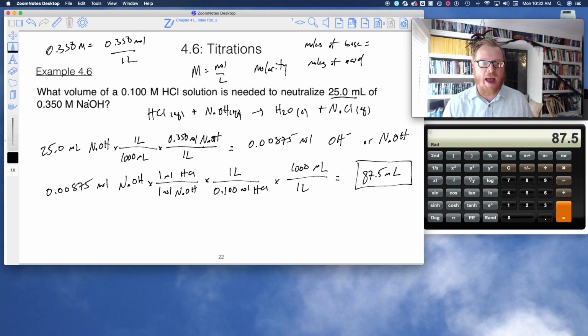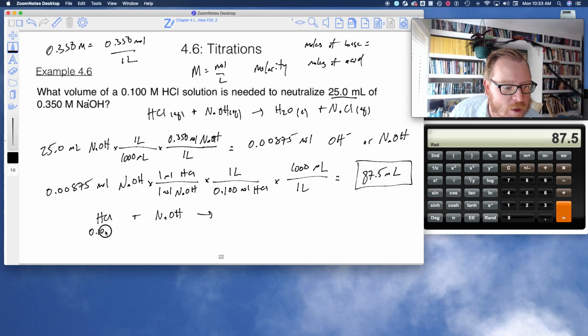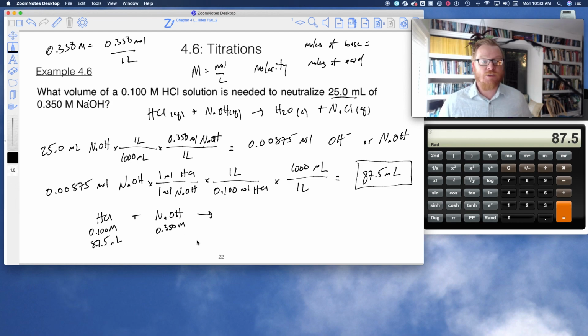So what this means, back to this original problem, is if I had HCl plus NaOH, a 0.100 molar solution and 87.5 milliliters, and here I had a 0.350 molar sodium hydroxide solution and 25.0 milliliters, then I would perfectly titrate or neutralize the acid and base, and all that I would be left with is salty water.